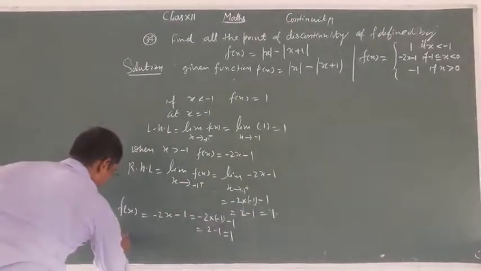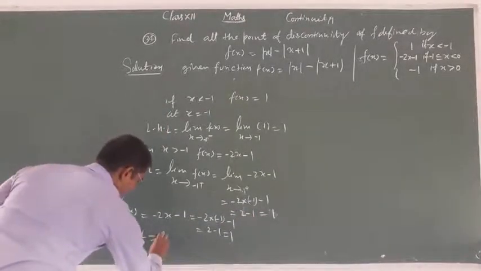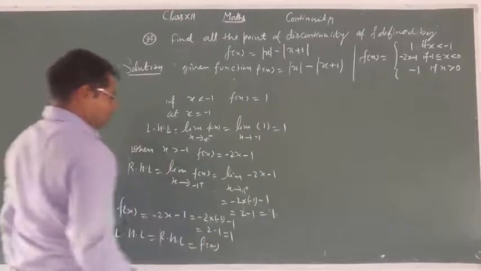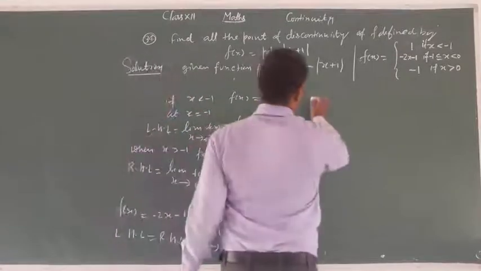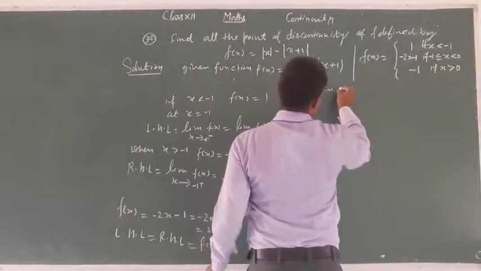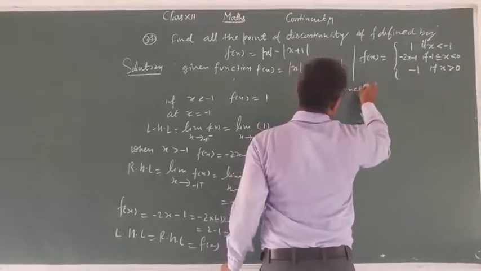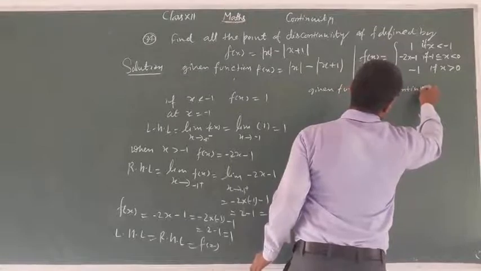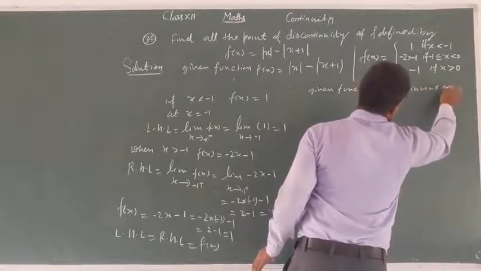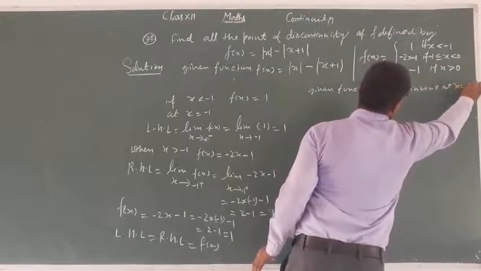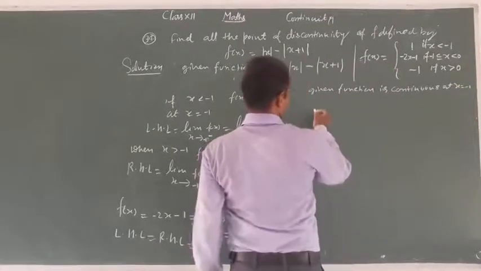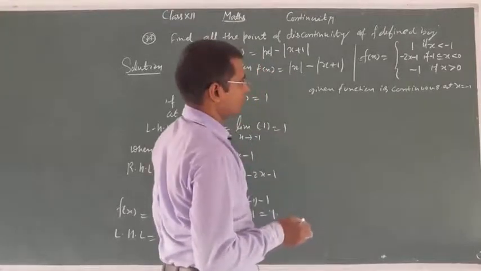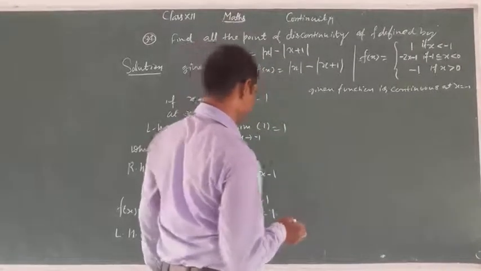So the left hand limit is equal to the right hand limit, and the value of the function, all three are equal. Given function is continuous at x is equal to minus 1. So there is no point of discontinuity at x is equal to minus 1.